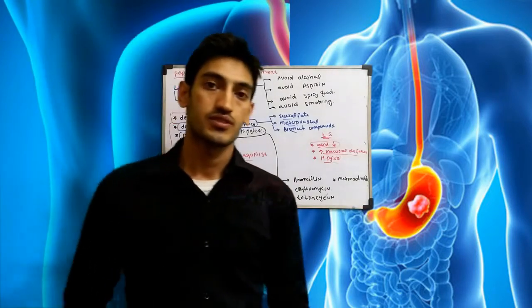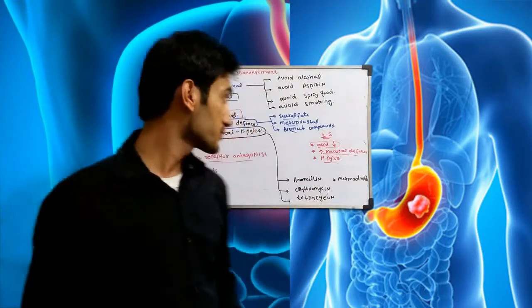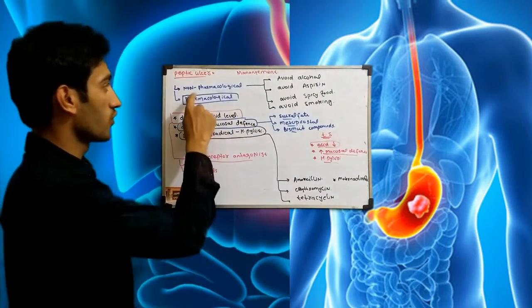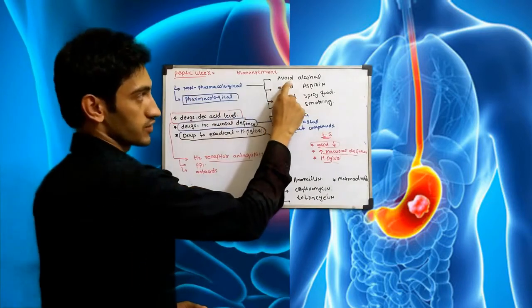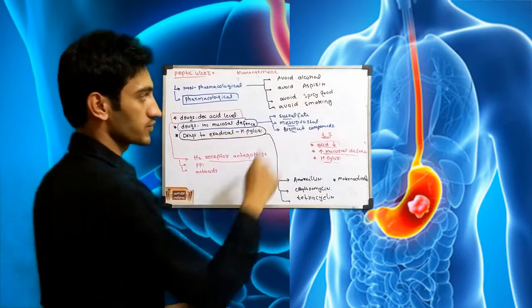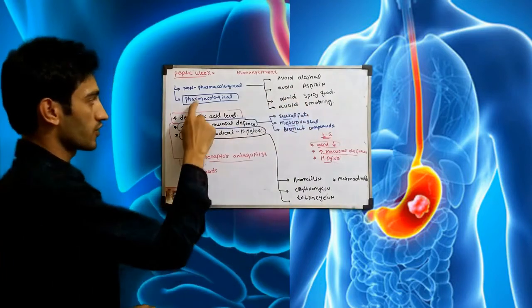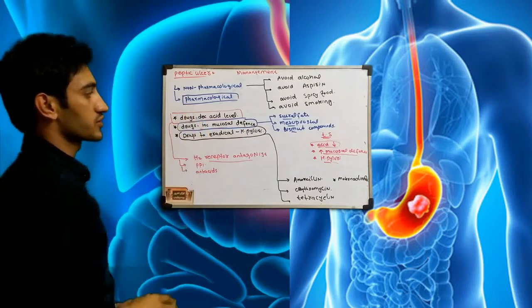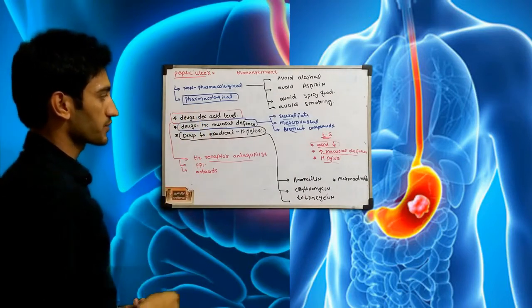Management is categorized into 2 groups: non-pharmacological and pharmacological. Non-pharmacological: avoid alcohol, avoid the use of aspirin, avoid spicy food, and smoking. Pharmacological: again we use 3 different groups of drugs.